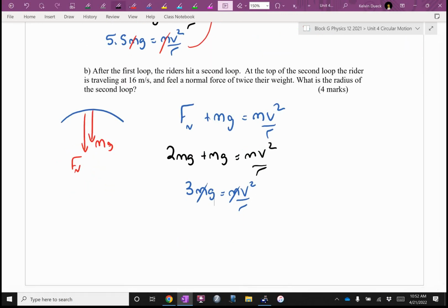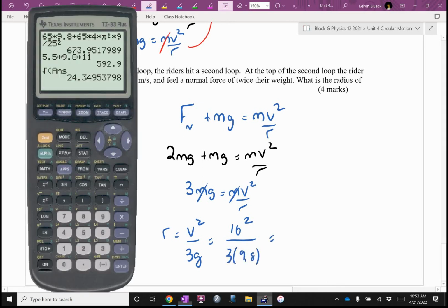So r is going to be v squared over 3g. v squared, 16, don't forget the squared, all over 3 times 9.8. The second loop has a radius of 8.71 meters.